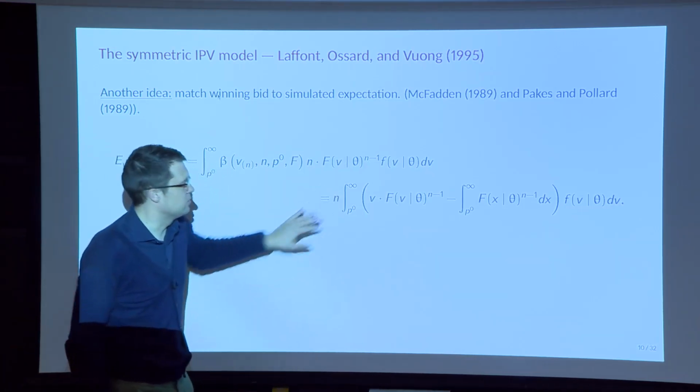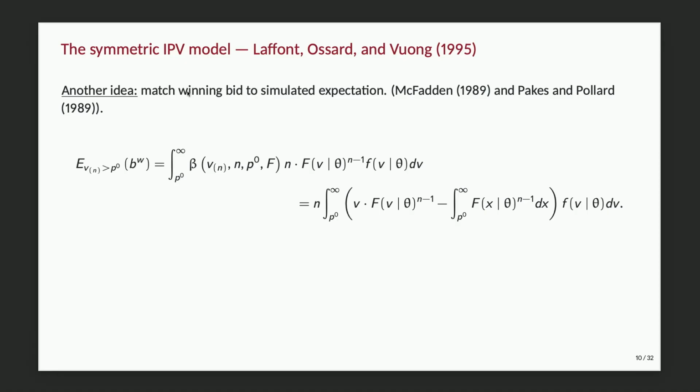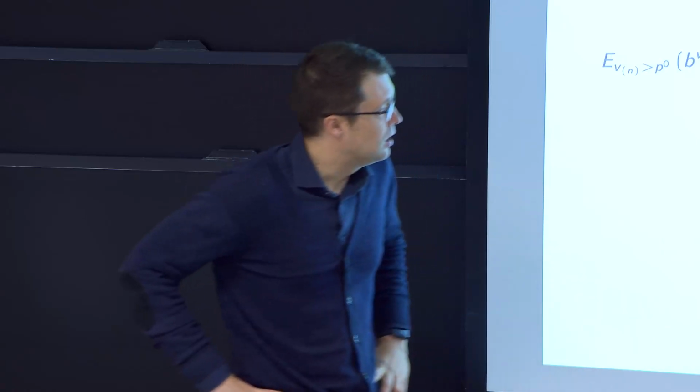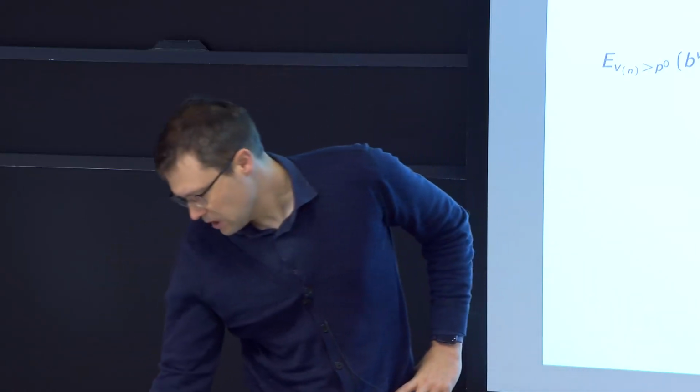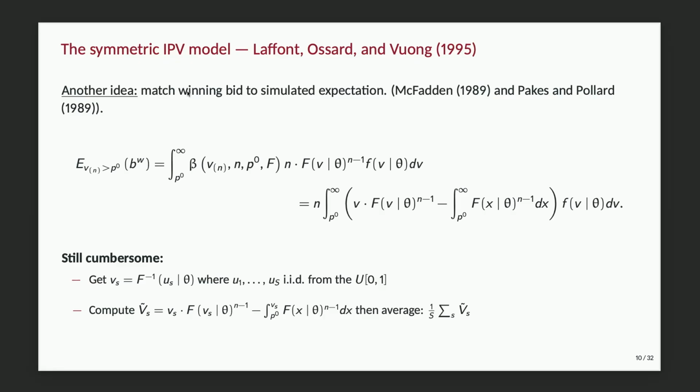And typically, with complicated integrals, one question you should always ask yourself is, instead of computing this integral exactly, do I want to simulate this? Because simulation is oftentimes easier. In BLP, that's something we typically do for the random coefficients: we take a bunch of random draws and then integrate out. So that's something one could do. It's still somewhat cumbersome.